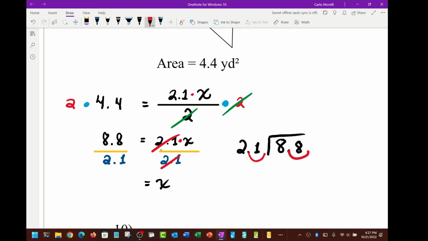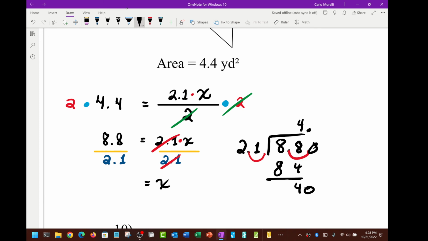Okay. So how many times does 21 go into 88? Well, 20 goes into 80 4 times. So 21 would go into 88 4 times. So my first quotient number is 4. And then I'm going to have to put a period there because the next number is going to be after the decimal. And that's going to be 84. Okay. Which means my next term is going to be 40.